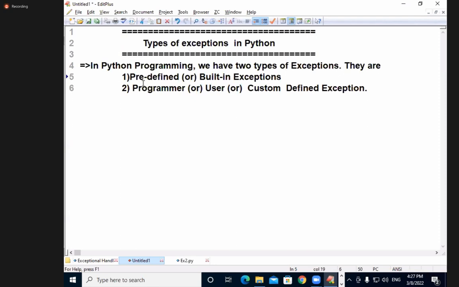What are the predefined exceptions? I want to define what a predefined exception is in the class. Look, students, I am giving the clarity on predefined exceptions, how simple they are going to be.